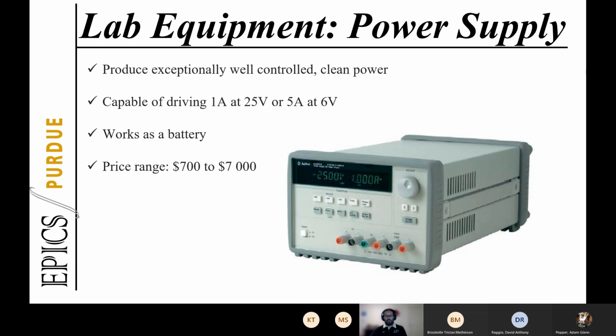Another element that you can find in the lab is that whenever you need to provide any power to your circuits, at first you think, oh, I can use a battery, like an AA battery or a 9-volt battery, but you can also use what's called a power supply. Power supplies are more stable, they are more controlled, and you can adjust how much you want out of them. For example, I can specify how much voltage I want.